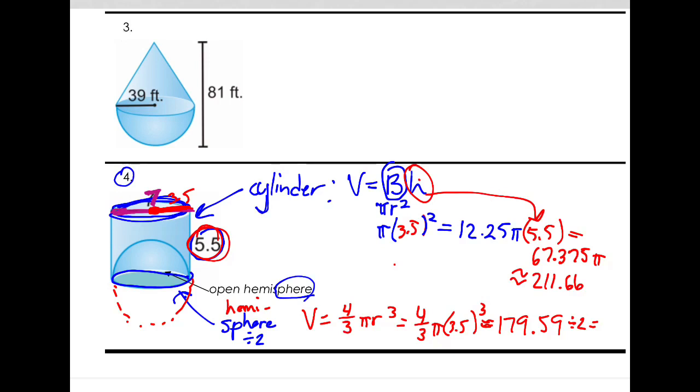That's something if you don't catch and you just start adding or subtracting things, then you're just getting wrong answers, and then on multiple choice options they will have that wrong answer there, so make sure you're focused on the details. So once you divide by 2, you get 89.79, but that 7 behind that 9 is going to round it up to 89.80.